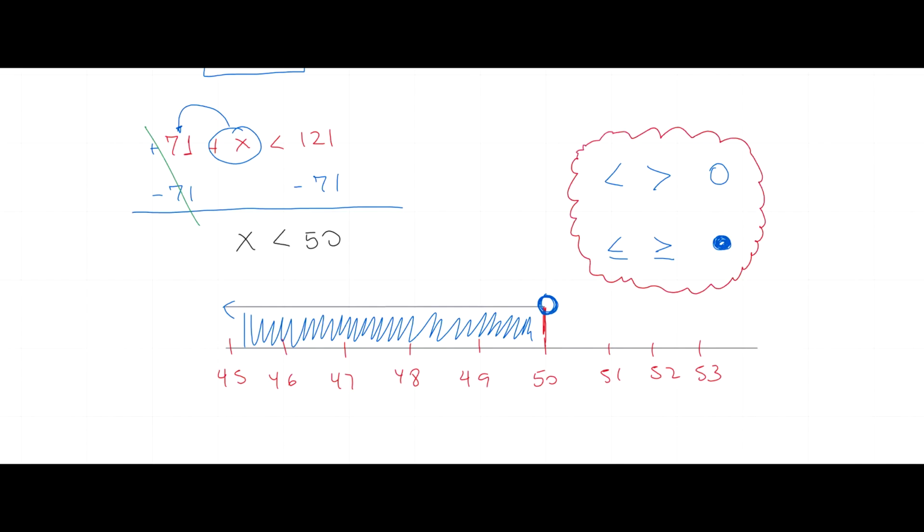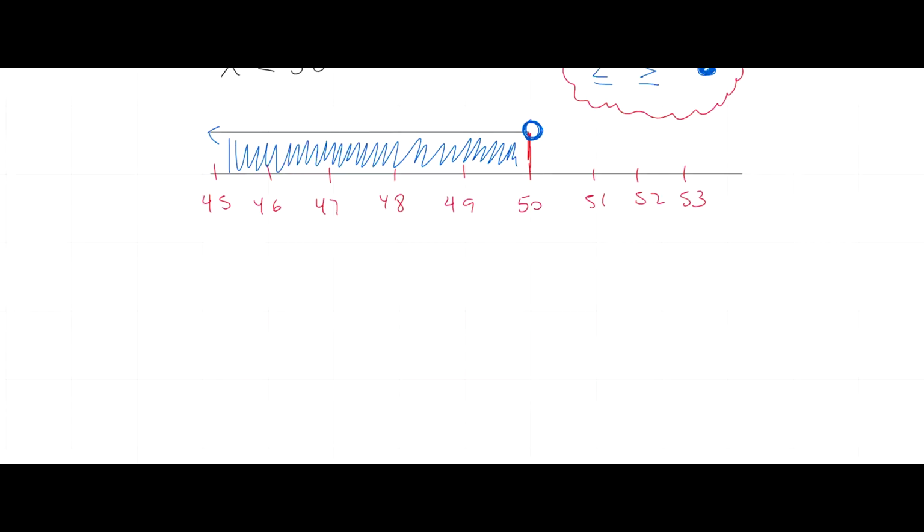Okay, I have a couple more things to show you, and the next two are going to be equations. And equations are pretty similar to inequalities. You have 16 plus 10h equals 210.